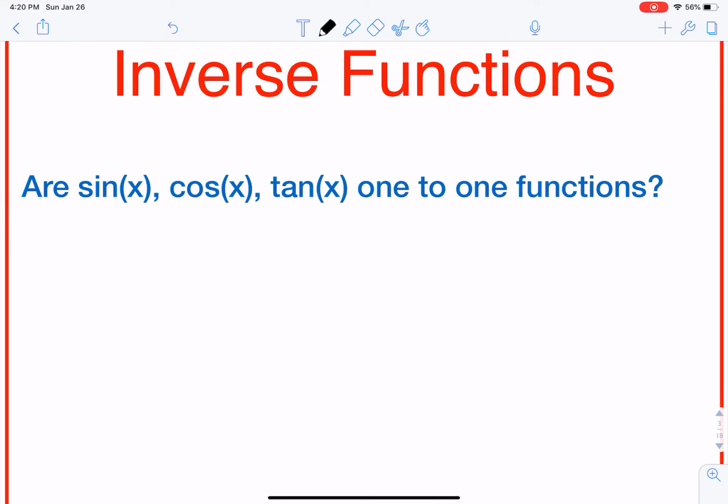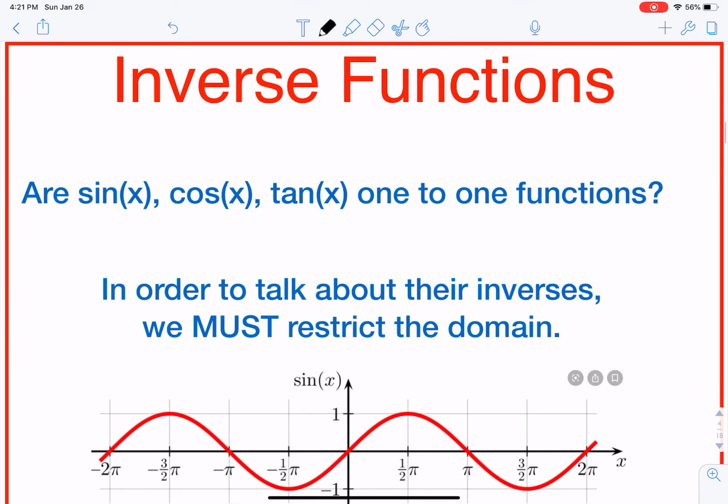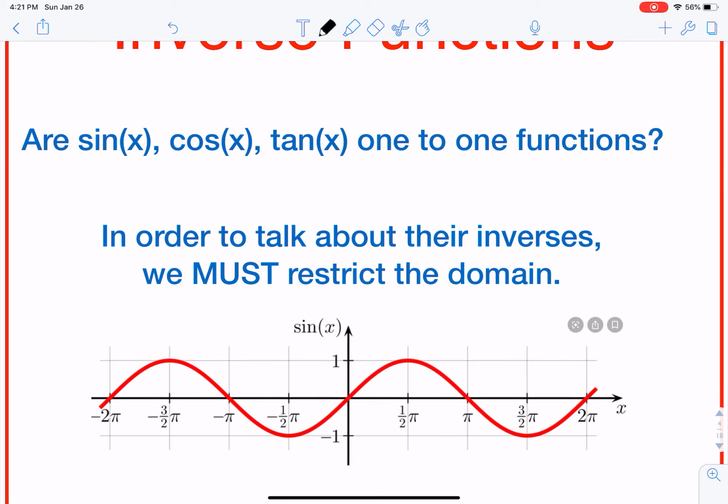So are sine, cosine, and tangent one-to-one functions? They are not, right now at least. So in order to talk about their inverses, we need to restrict the domain. What I mean by that is, if you think about what a parabola looks like, here I have the graph of y equals x squared, or f of x is equal to x squared.